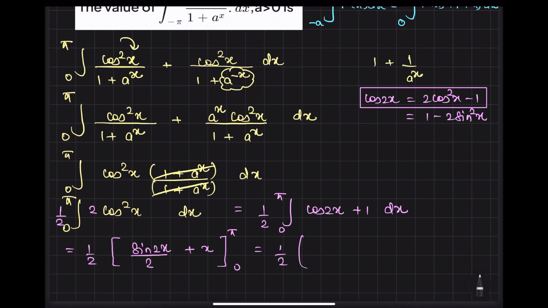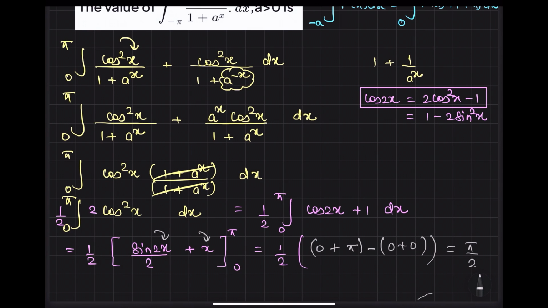Sine of 2 pi is 0. So the first thing is 0 plus pi. Now minus the lower limit. If you apply 0, it will become 0. Sine 0 is 0, and this thing is also 0. Done. So we are left with pi by 2.